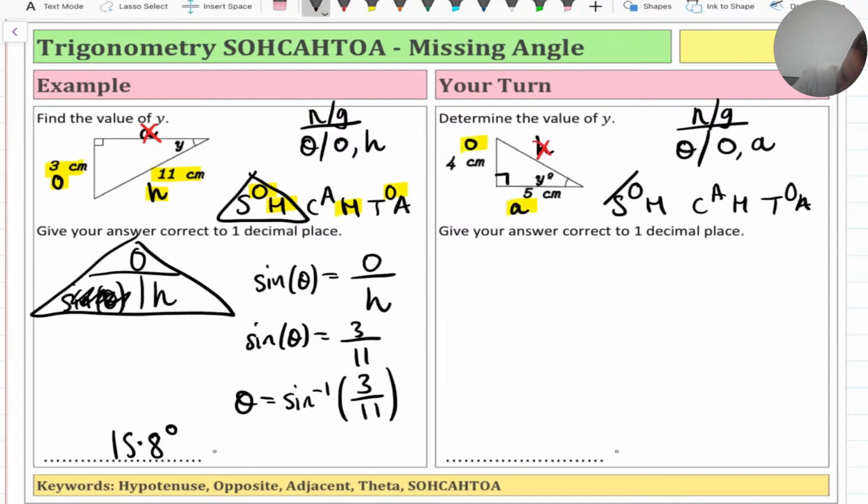So I highlight what's in my need and got list. So in this case, it's O and A. So I'm going to be using tan of theta is equal to opposite over adjacent.